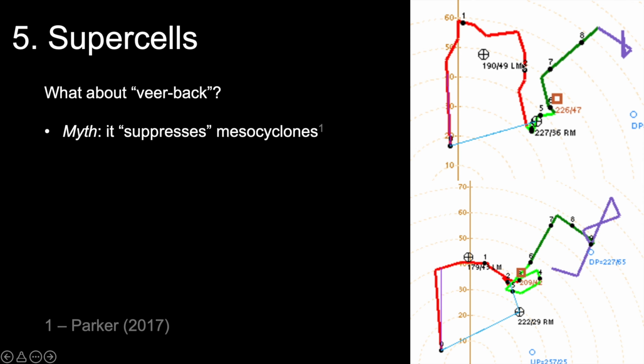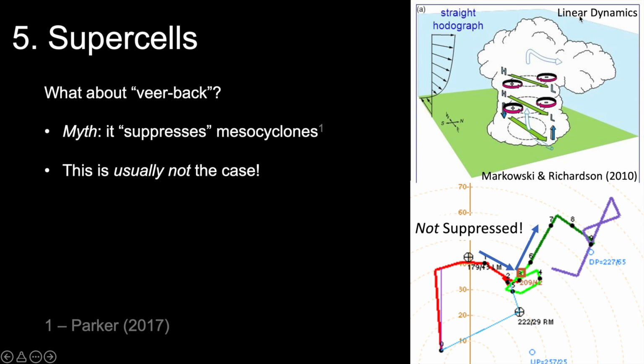Like in this case, we back aloft over almost 180 degrees. So we will have some suppression due to that linear dynamic term. However, this process leading to a net result of suppression really is not always going to happen, and usually really isn't the case.